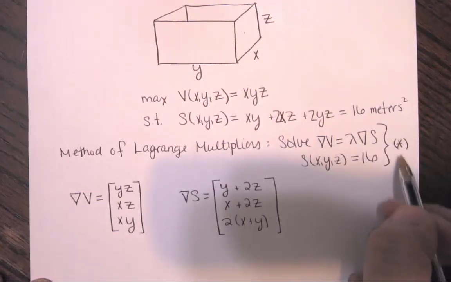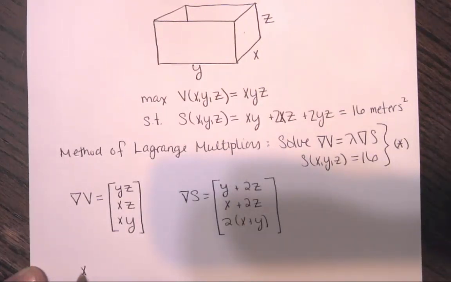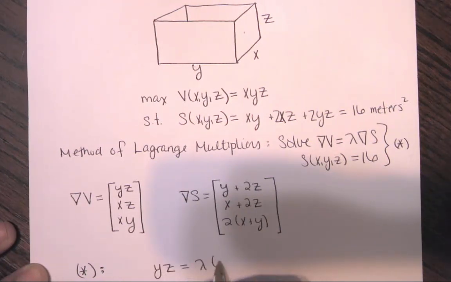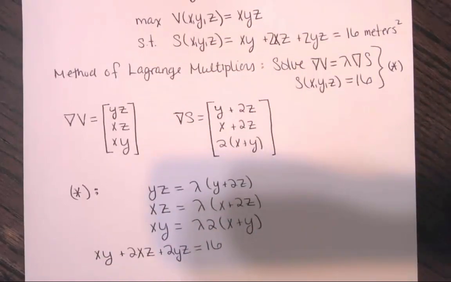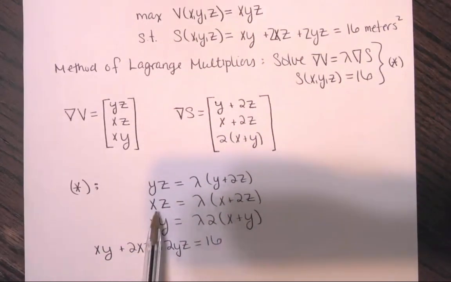So then this set of equations becomes yz equals lambda times (y plus 2z), xz equals lambda times (x plus 2z), xy equals lambda times 2 times (x plus y).